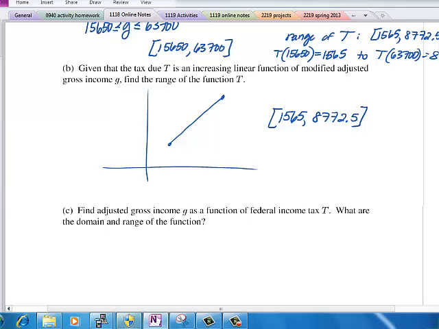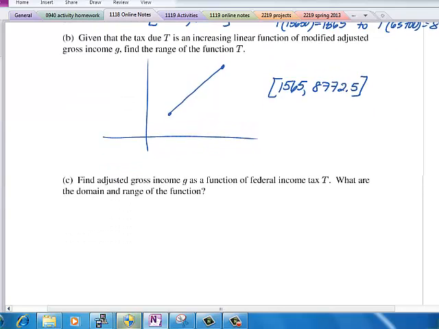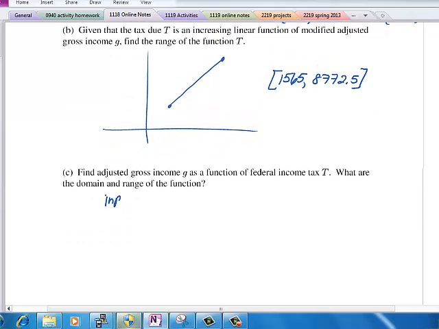And then they're asking us to find the adjusted gross income as a function of the federal income tax and talk about the domain and range of that function. So here we want our input to be t and our output to be the g values.